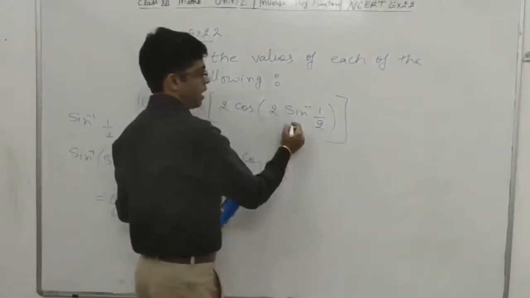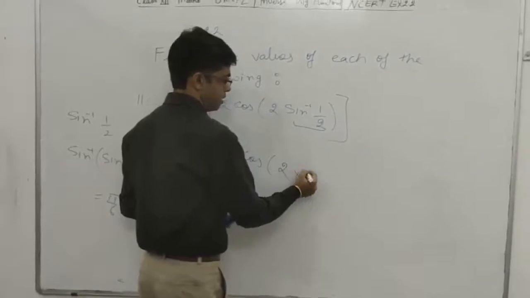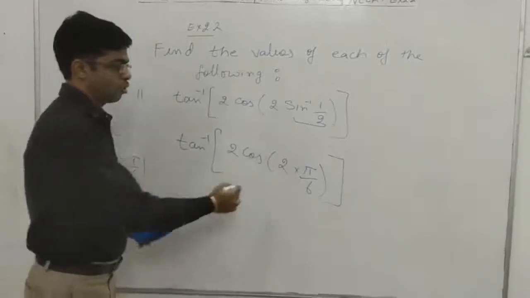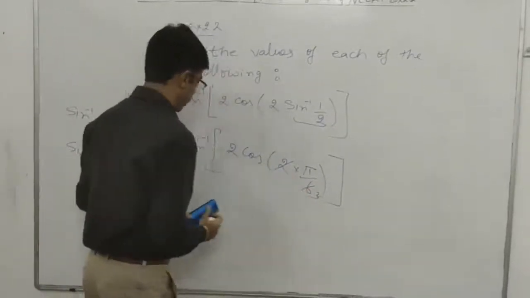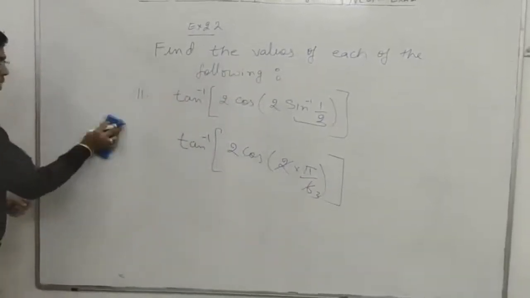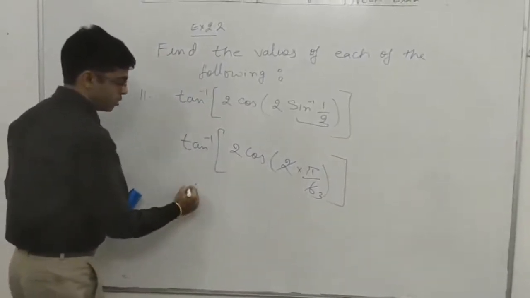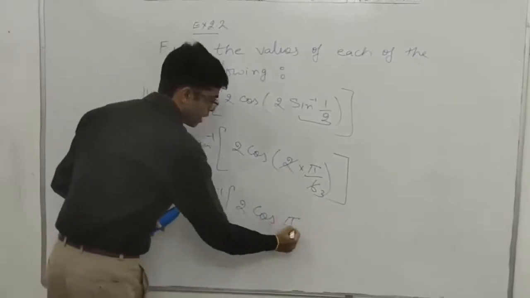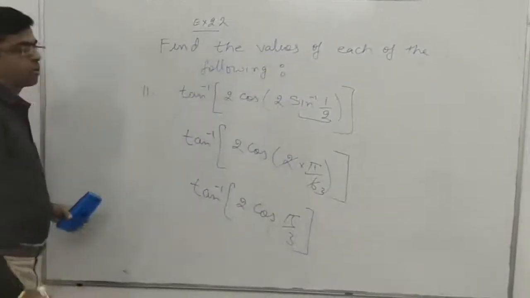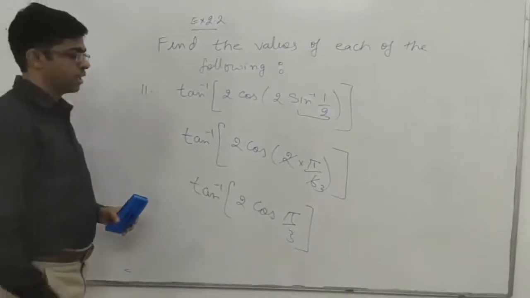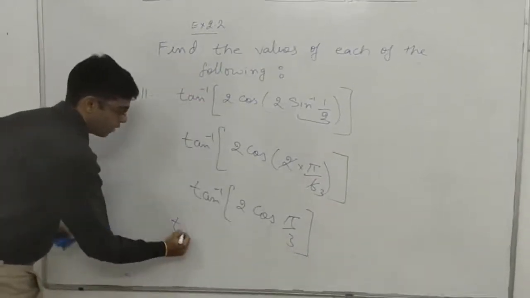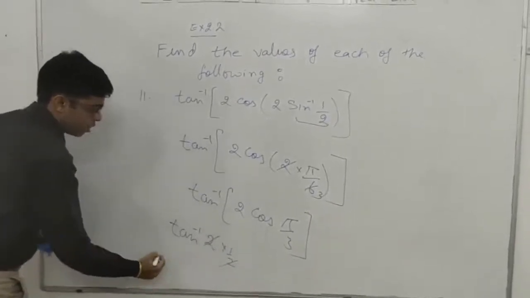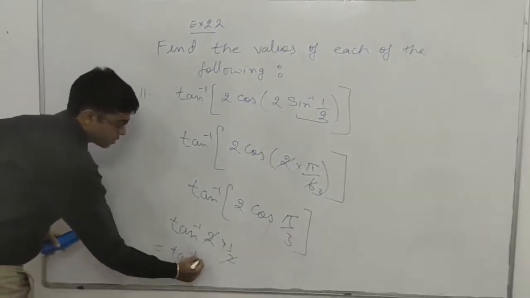So we can write pi by 6 in its place. Now 2 multiplied by pi by 6 is pi by 3. So this is tan inverse 2 cos pi by 3. Now what is the value of cos pi by 3, meaning cos 60 degrees? That is the value half. So tan inverse of 2 multiplied by half. So now this is tan inverse 1.